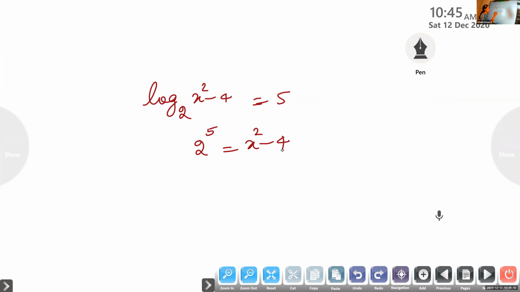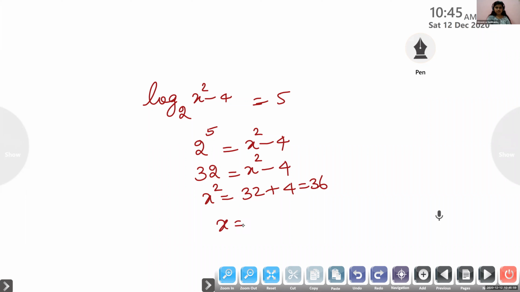So what is 2 raised to 5? 32 is x squared minus 4. Bring minus 4 to the other side, it is plus 4, so 36. So x square is 36. Therefore x is plus or minus 6. Don't write simply 6. Whenever we take square root, we have to put the plus or minus symbol.